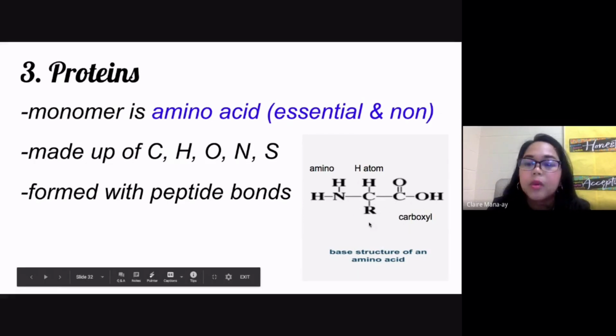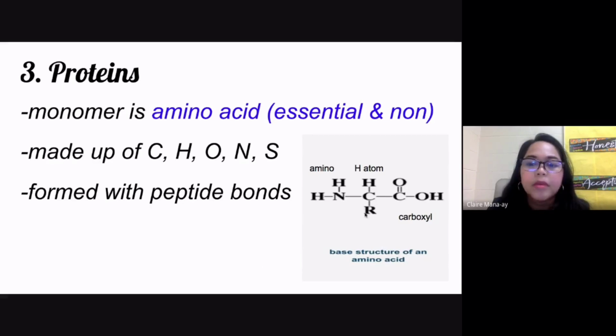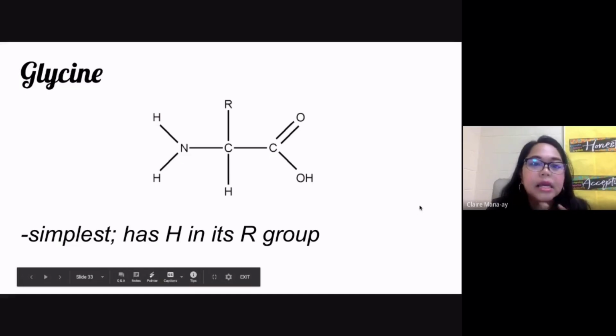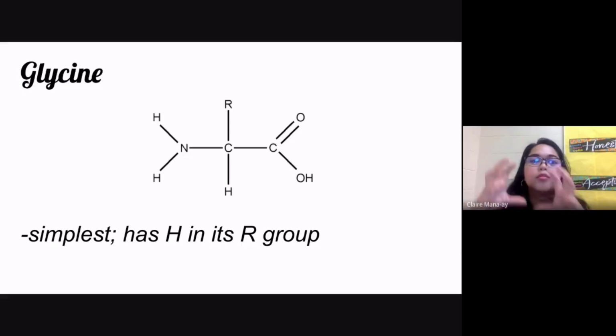Again, I repeat, your amino acids would only be determined by the R group here. This is the only part which is going to be changed in the different types of amino acids that you have. Now, this here is the simplest amino acid that you have. When you say amino acid, these are monomers of proteins, simple structures of your proteins.